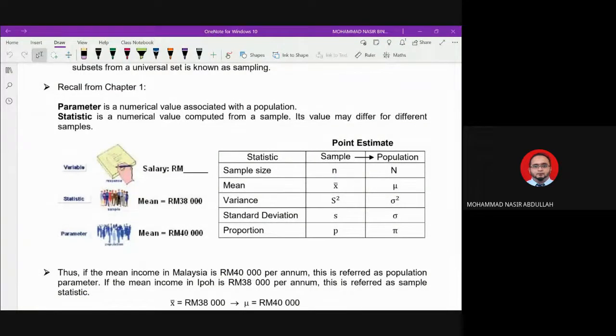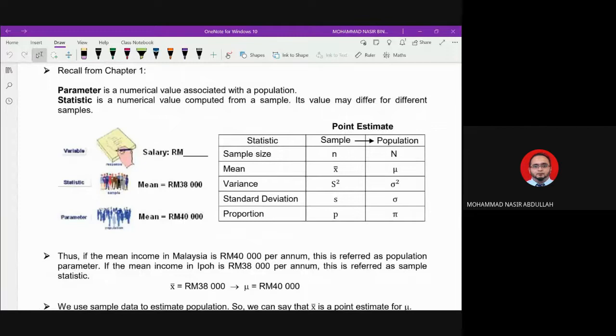So recall back to chapter 1, we already learned about the definition of parameter and statistic without S. This is different from statistics with S. Statistics with S means the field of statistics itself, meaning how data is collected, organized, analyzed, interpreted, and presented, right? A parameter is a numerical summary of a population, and a statistic is a numerical summary computed from the sample.